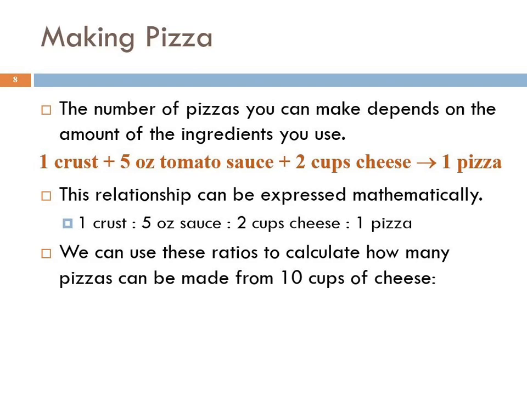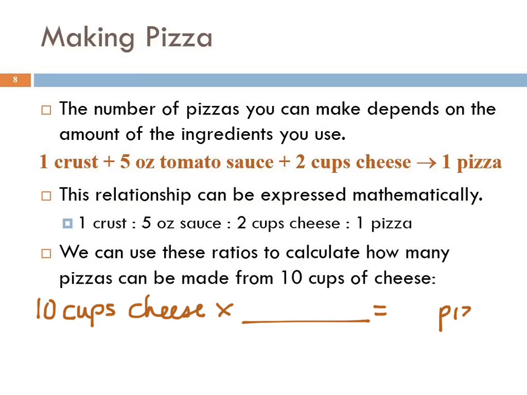Now, you may be able to look at that and just say, oh, 5. But maybe not. It's helpful to see with something that is familiar how we can use these ratios to predict this. So if we have 10 cups of cheese, we can make a conversion factor from that equation or from the ratio and figure out how many pizzas.